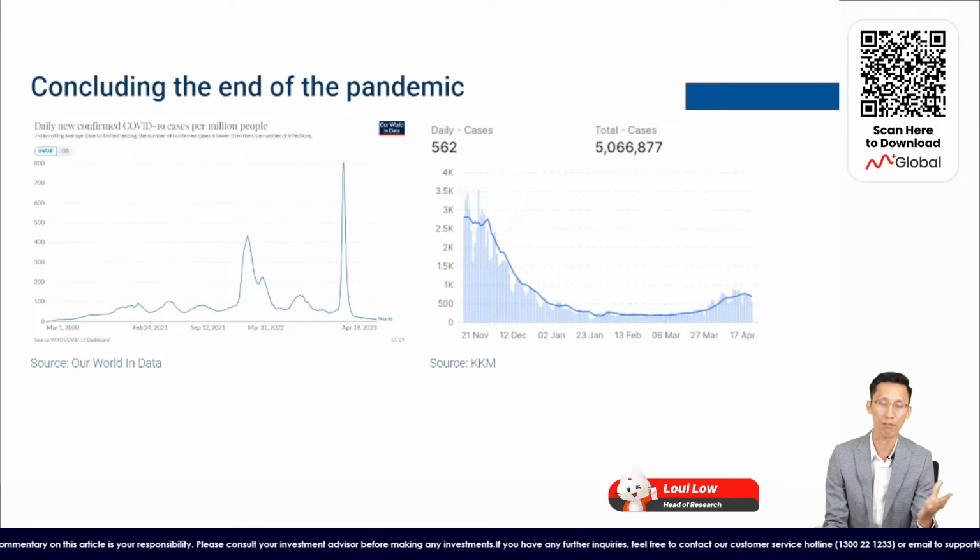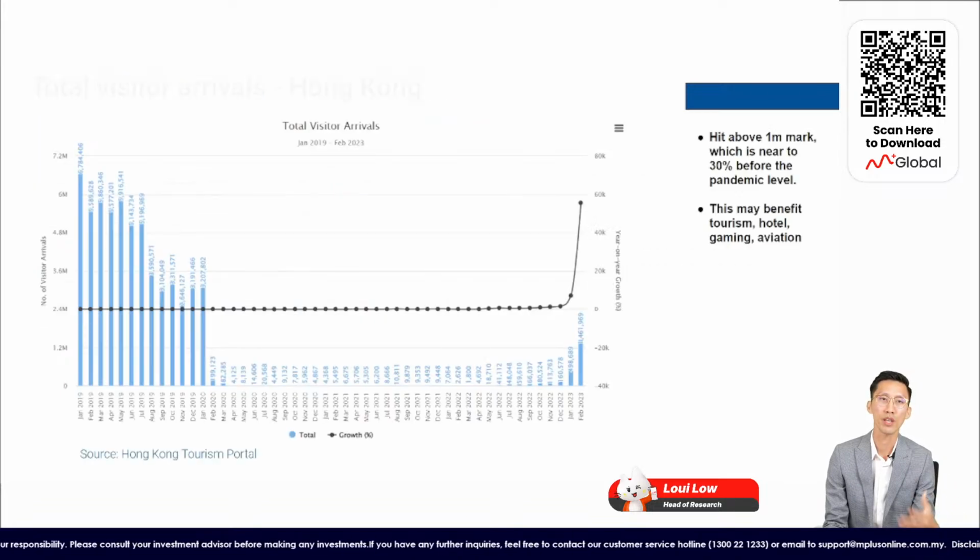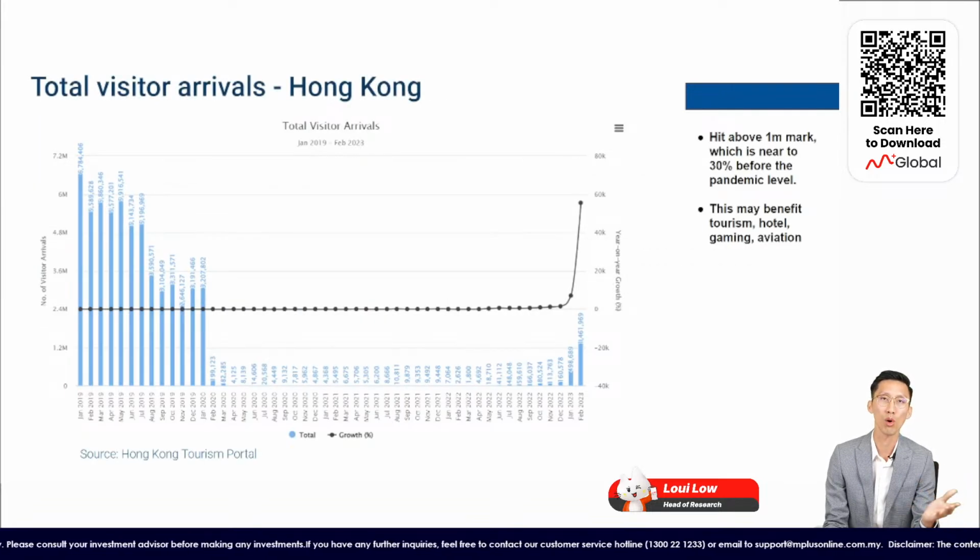It is something like a flu. So if this is the case, then we can see a lot more recovery in all the other areas. The first that we can notice is definitely the arrival of tourists from various parts of the world. But I just want to show you the Hong Kong stats.